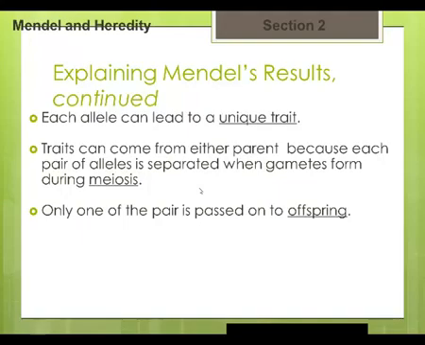Instead of giving all of the genetic information that we have to those gametes, only half of that information is put into those gametes. So we give one of the two alleles that we have. So only one allele of the two that we have is passed on to the offspring for each gene.